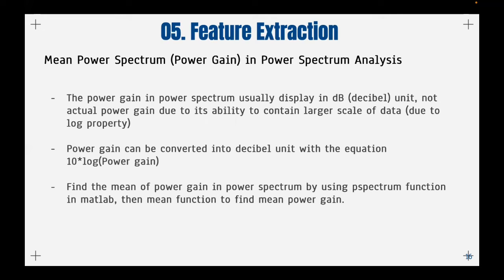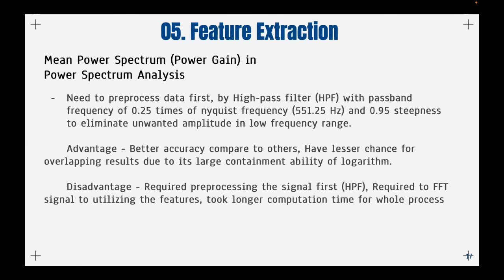The power gain can be converted into decibel units with the equation of 10 multiplied by log of power gain. This approach finds the mean of power gain in the power spectrum using the power spectrum function in MATLAB, then the mean function to find the mean power gain.